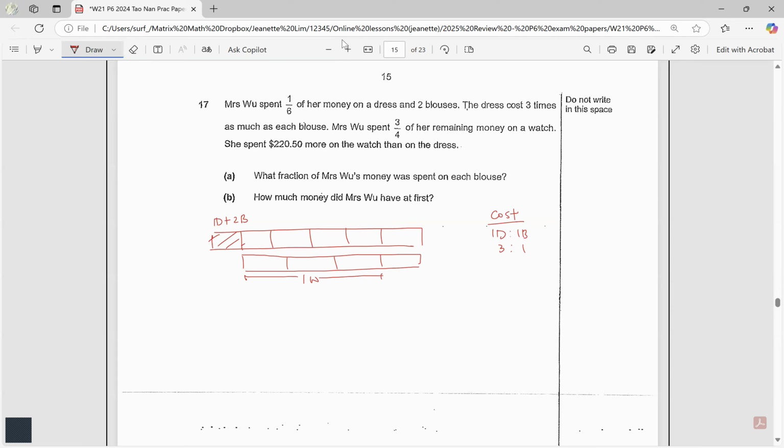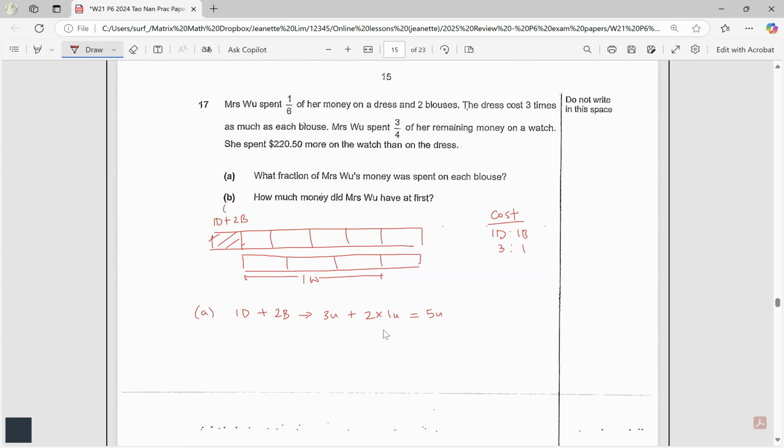Okay, so what fraction was spent on the blouse? Now let's look at 1D plus 2B. How many units would that be? One dress is 3 units. 2 blouses would be 2 times 1 unit. So here we have 3 plus 2 units, 5 units.